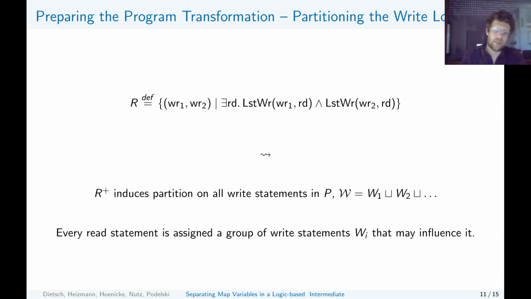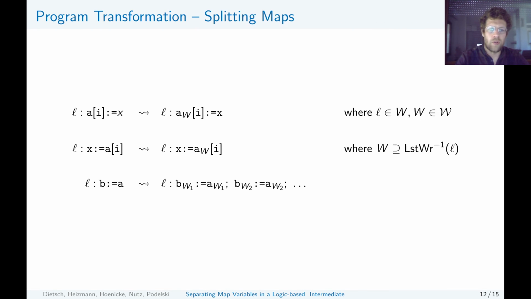So what we get is essentially a bunch of write blocks, a partition of all the writes which aren't necessarily independent according to a property. This partition we can use to define our program transformation.